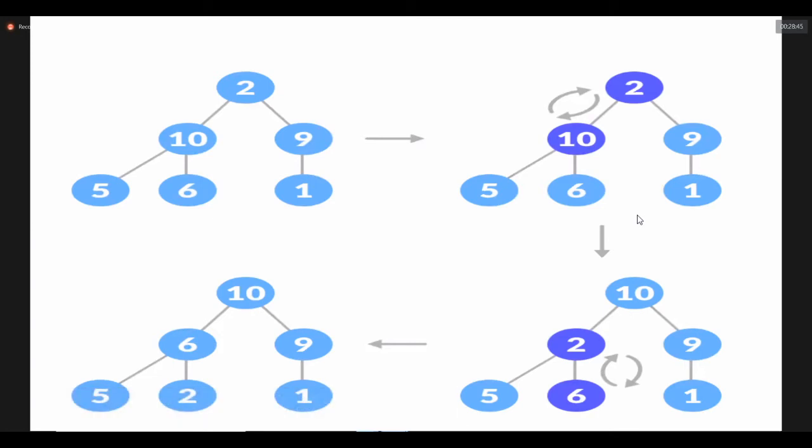It is not a level order tree. A max heap is different from a level order tree. It is not that the left child should be greater than the right child. That is not the order. Here the order is only that the root is greater than its children.